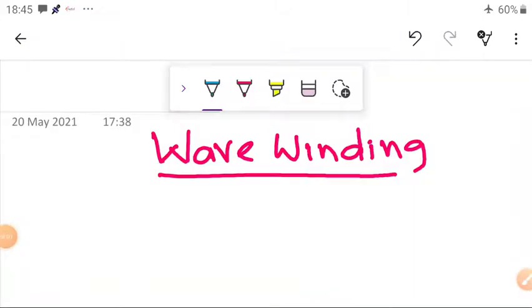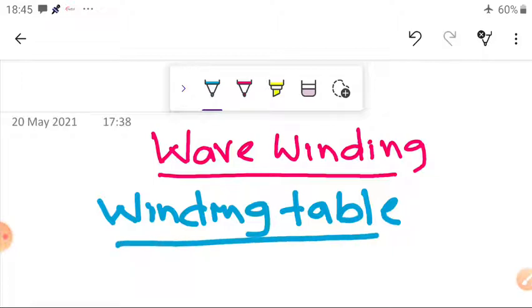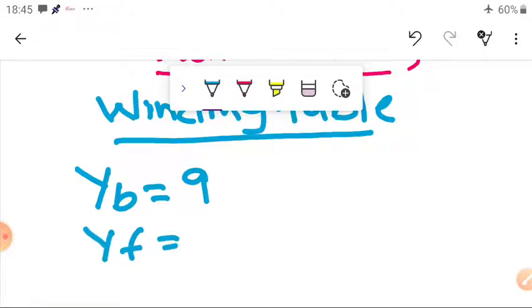Now let us develop one winding table. How are we going to develop it? Based on the back pitch equal to 9 and the front pitch also 9, I am going to develop one table.